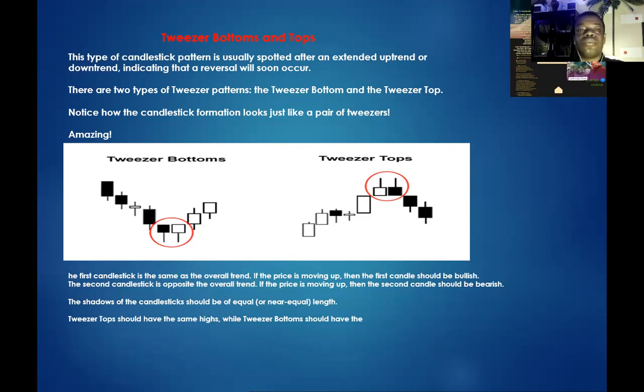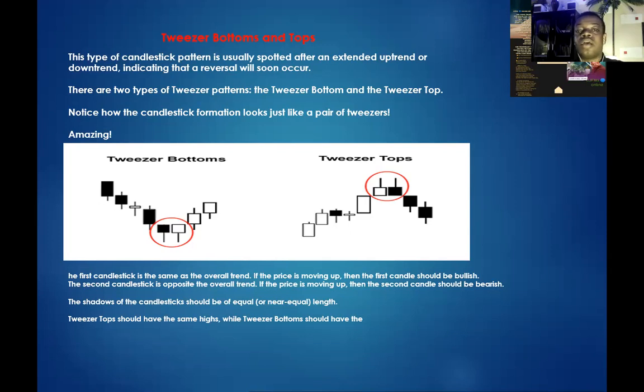Tweezer top and bottom. This type of candle pattern is usually spotted after an extended uptrend or downtrend, indicating that a reversal will soon occur. There are two types of tweezer pattern, tweezer bottom and tweezer top.